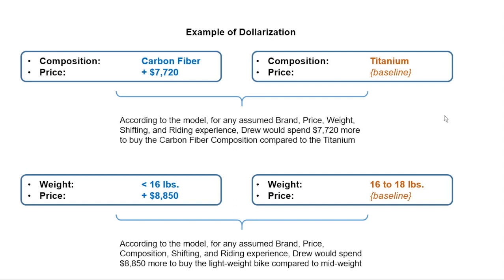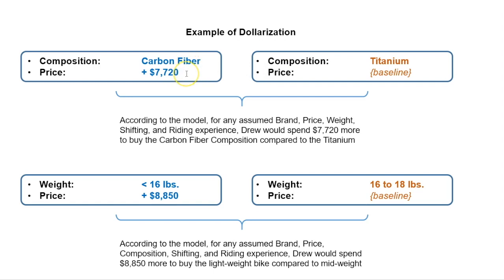But I can start to dollarize and monetize what a carbon fiber bike means to Drew compared to a titanium by saying this: if I have a bike, everything else equal with brand, weight, shifting, etc., that's titanium, then Drew is equally as likely to choose a carbon fiber bike if it's $7,700 more. So in other words, Drew would be willing to pay $7,700 more for a carbon fiber bike relative to a titanium bike. If that carbon fiber bike was $5,000 more, then he'd be more likely to buy it.